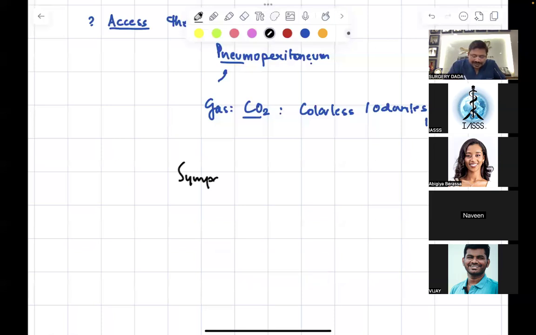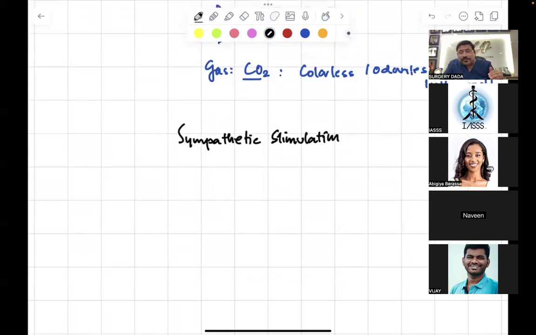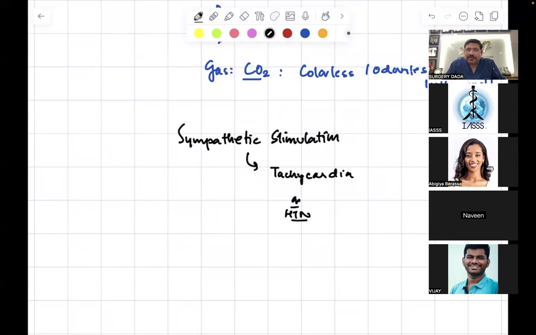This is a very famous question that is asked to residents and medical students. It causes sympathetic stimulation, and therefore there is tachycardia, or there may be hypertension. So you need to avoid it in patients who are already hypertensive. That is why the moment you create the pneumoperitoneum, things will happen.